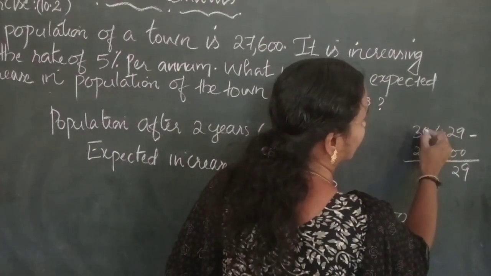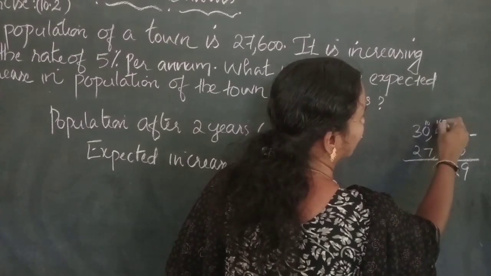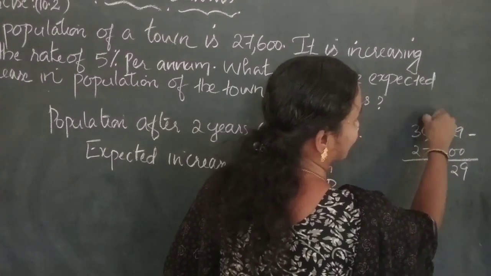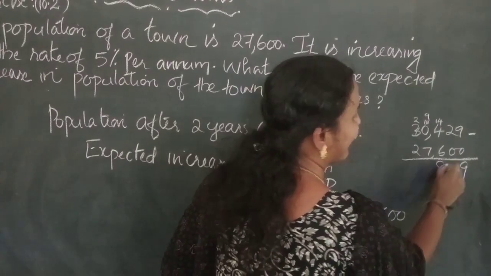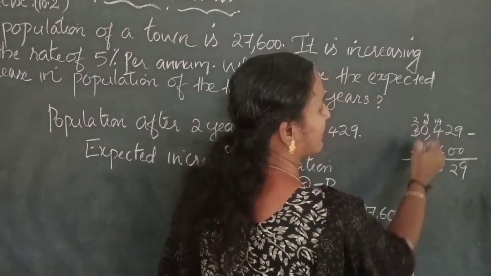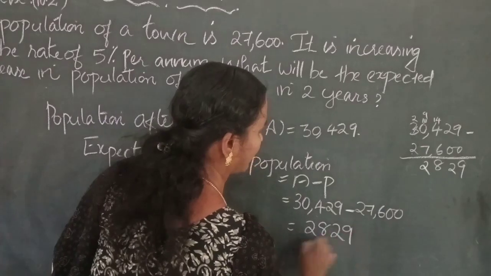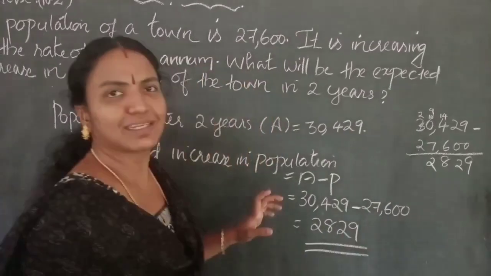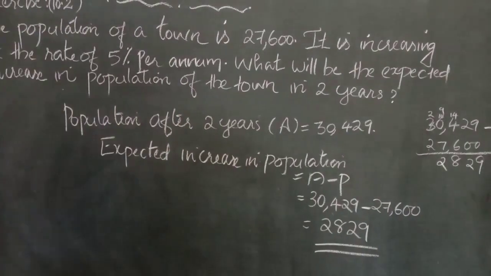Here 3 becomes 2, so here 14. 14 minus 6, 8. 9 minus 7, 2. 2 minus 2, 0. So 2,829. So the expected increase in the population is 2,829.